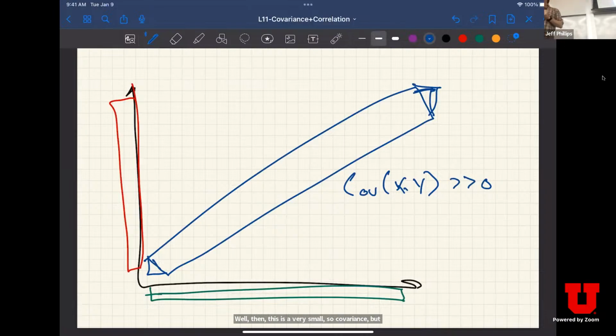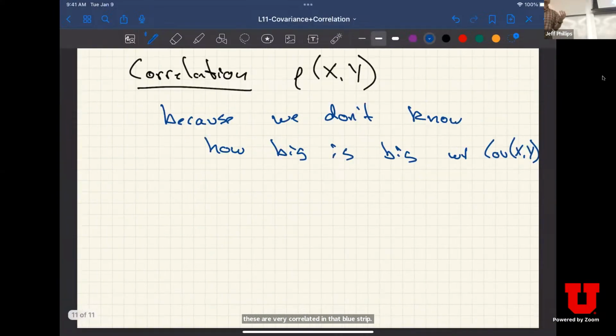Okay, so I need to somehow get a number that I can actually understand how big is big. Okay, does that make sense? Maybe. Okay, how about I define it and tell you some properties and hopefully you'll see why this is useful. If I change the units of stuff, it messes up the covariance. The correlation won't have units, so it won't depend on the units that I measure stuff in, okay?